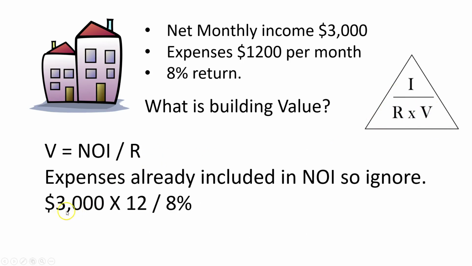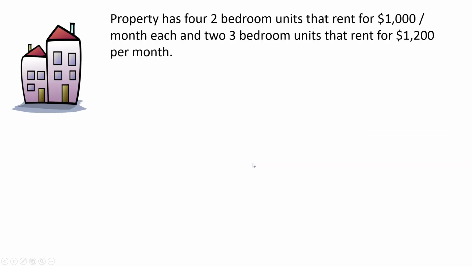That should be 36,000, I beg your pardon. Here it is, 36,000, divided by 8% gives us 450,000. The 3,000 times 12 gives us 36,000. Divide that by the 8%, and it gives us 450,000.